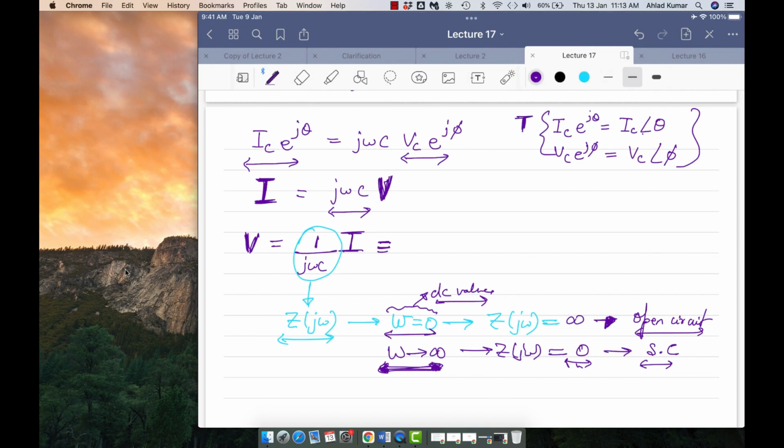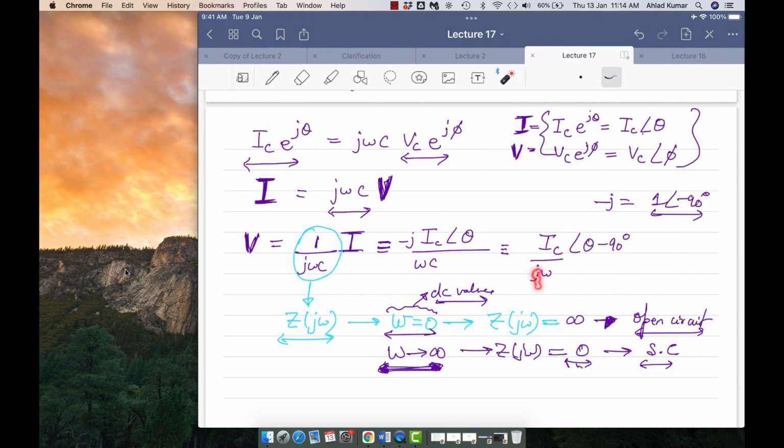So this is actually nothing but bold I, and this is nothing but bold V. So I can write it as I_C angle theta, and then minus j and omega C. If you see closely, minus j is nothing but one angle minus 90 degrees. So you can write it in polar format as theta minus 90 degrees divided by omega C.